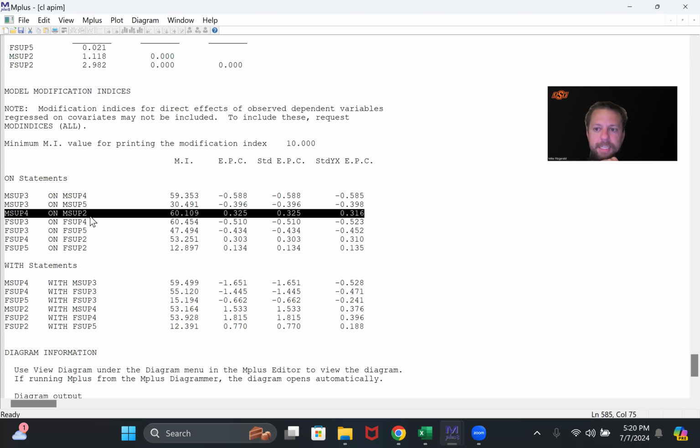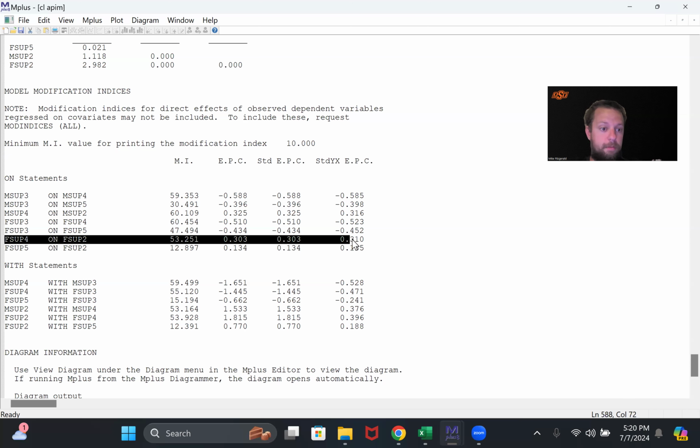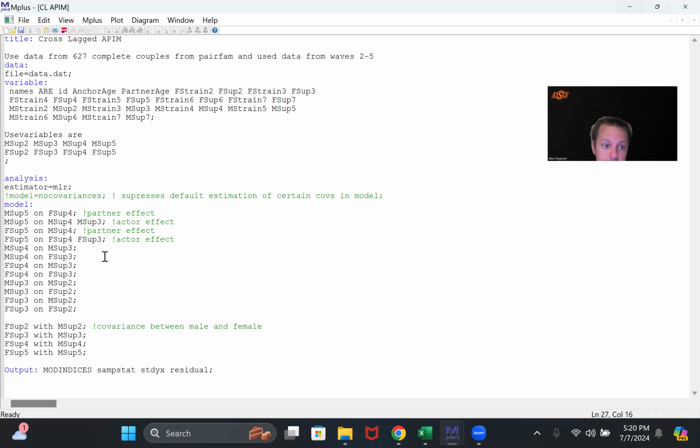So this is the exact same scenario that we just addressed with the association between wave 3 and wave 5. The model is telling us that's also happening between wave 2 and wave 4. So we'll oblige. Why not?